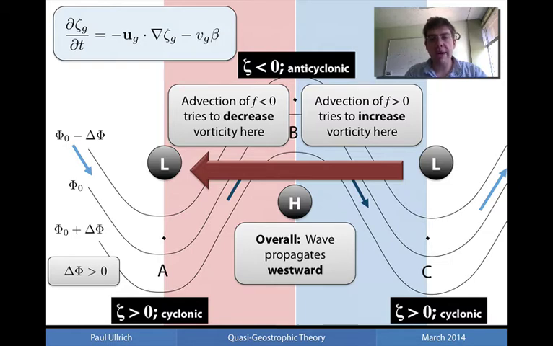Consequently, you're going to see a westward propagation of the wave as the vorticity maximum transitions westwards, away from point C. And the vorticity minimum associated with point B transitions westwards as well, associated with a decrease in relative vorticity in the red region.